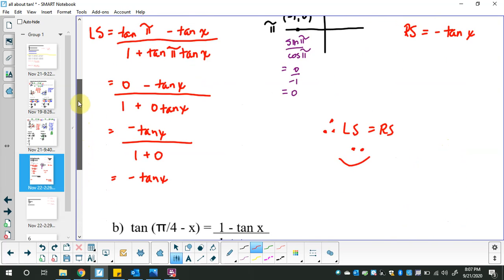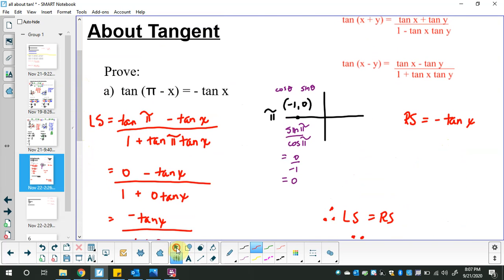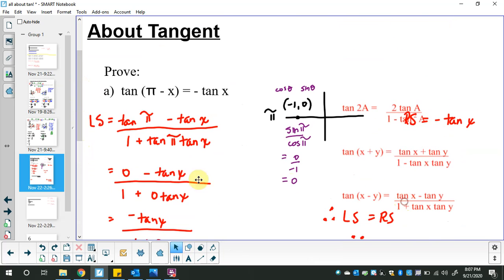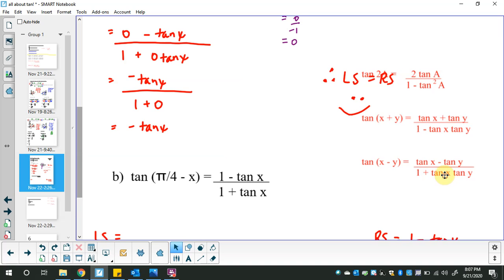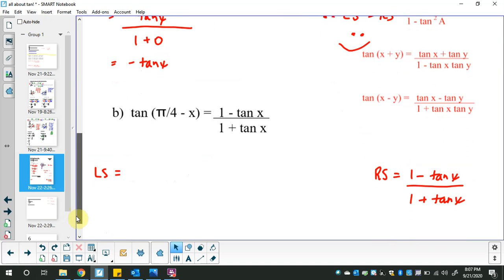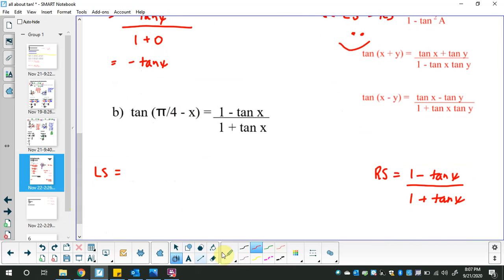And if I reach up here, I can drag this down temporarily. I can steal that bottom one again because this is a tan of subtraction.